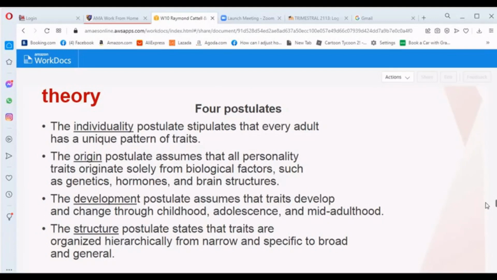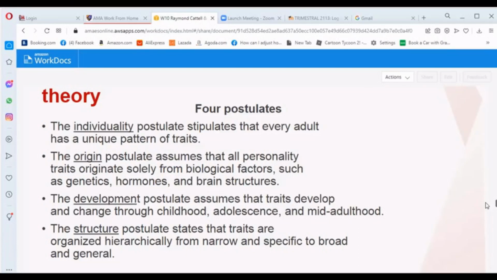For the origin, the postulate assumes that all personality traits originate solely from biological factors such as genetics, hormones, and brain structures. Another postulate is development, which assumes that traits develop and change through childhood, adolescence, and mid-adulthood.